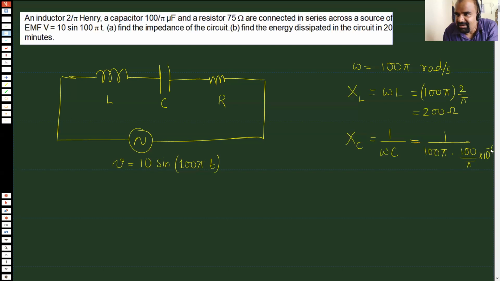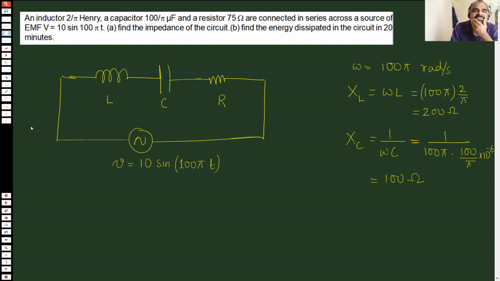So in farad, you have to multiply it with 10 to the power minus 6. So it is basically 100 ohm, because pi got cancelled, it goes on top, it becomes 10 to the power 6, and then here we have 10 to the power 4. So finally you will be left with 10 to the power 2, which is 100.